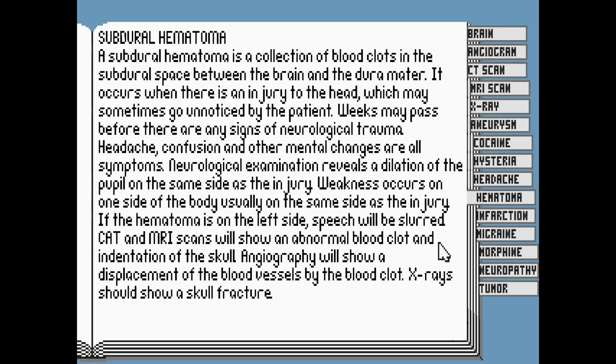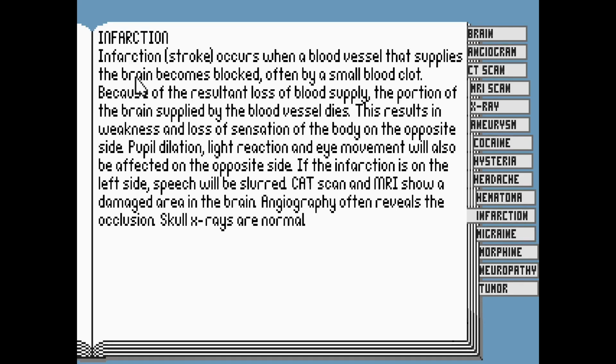See, that's the thing. I think that something is caused, like, I'm thinking maybe an infarction, because they've lost sensation, but pupil dilation, light reaction, and eye movement will also be affected on the opposite side.